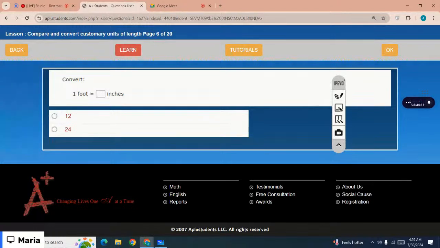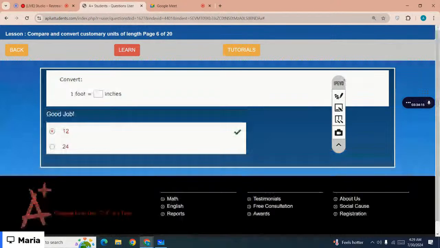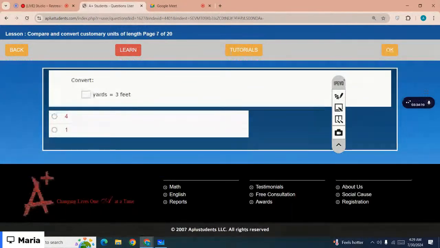The correct option is 12. 3 feet equals how many yards?